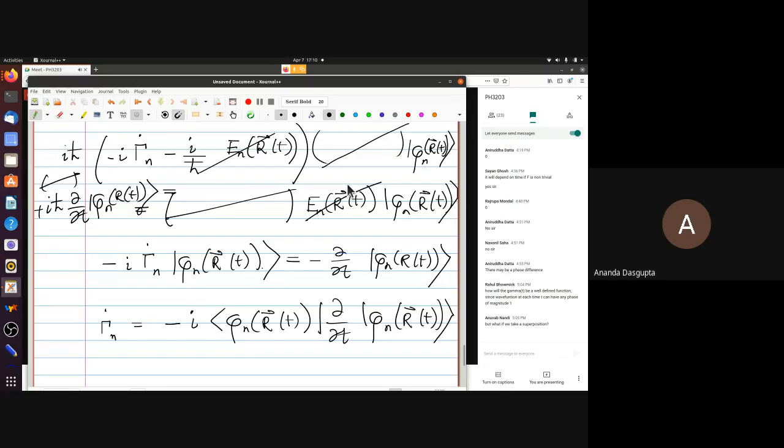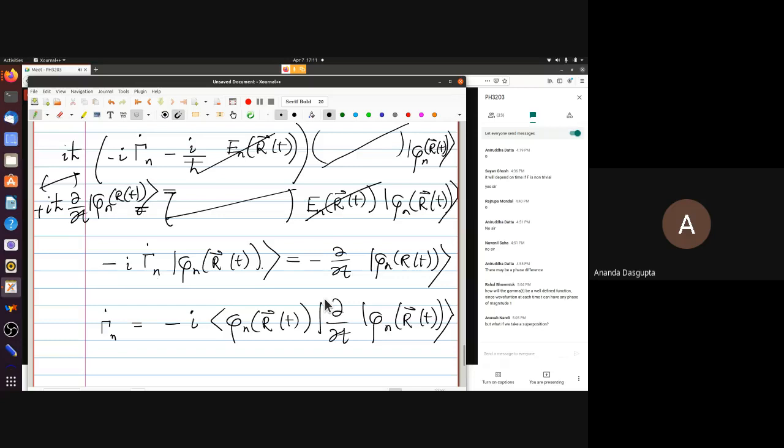So this is the formula that we have for the dynamics of the Berry phase. That is, it's going to evolve. Basically, you can find out its evolution by differentiating phi n(R(t)) with respect to time, taking the overlap with phi n(R(t)), and plugging in a minus i in the front.